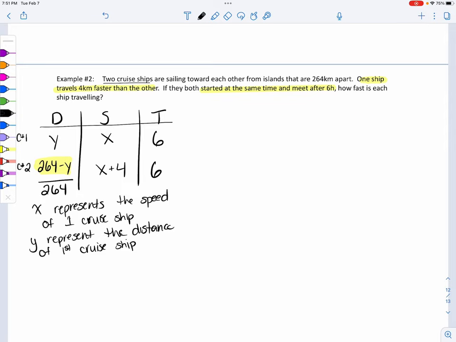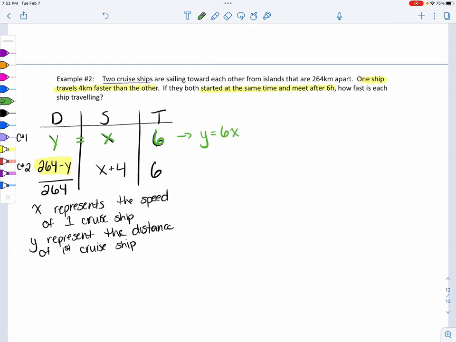Now, I don't have any equations yet. The table has helped me organize some thoughts. I'm going to get some equations here. Now, remember that the distance equals the speed multiplied by the time. I can write an equation for that. Y equals x multiplied by 6.